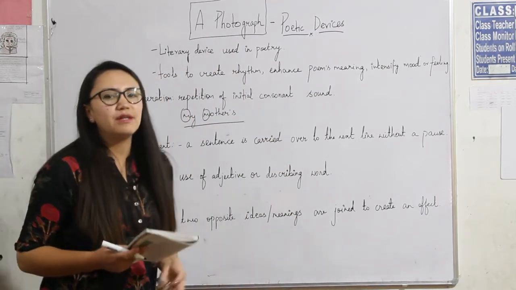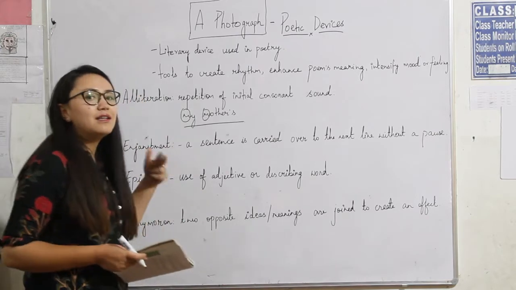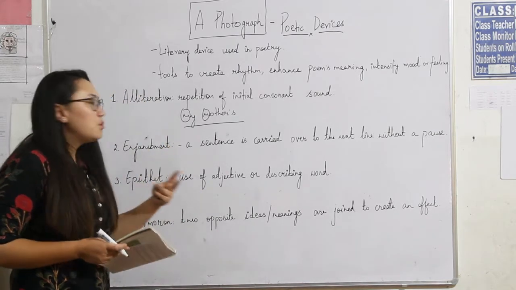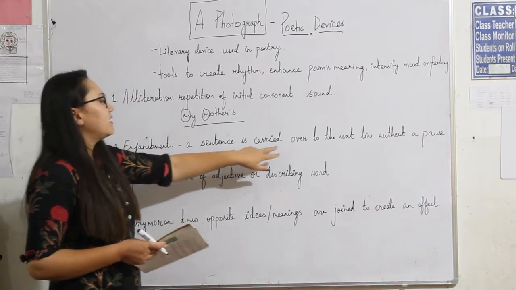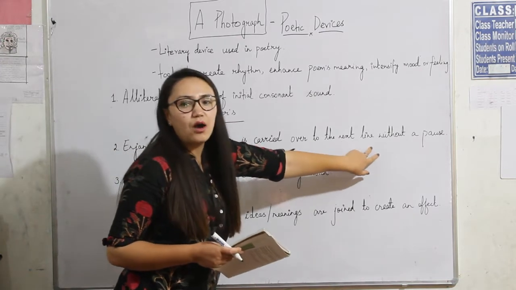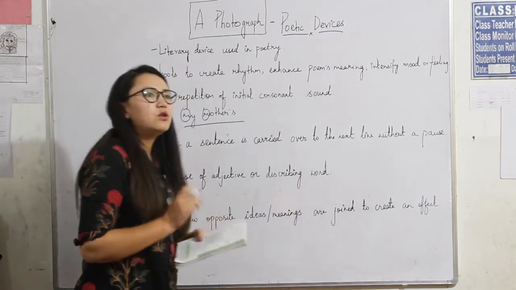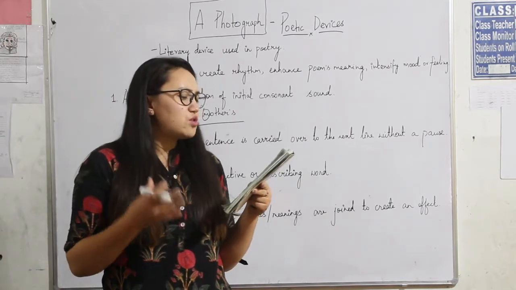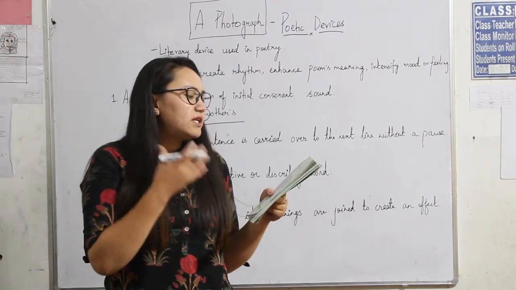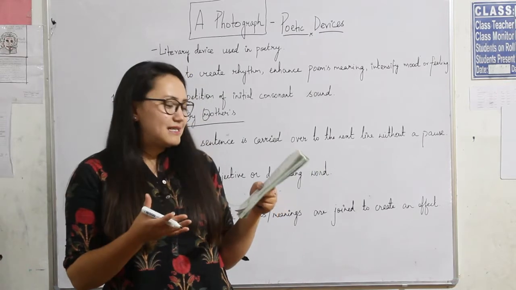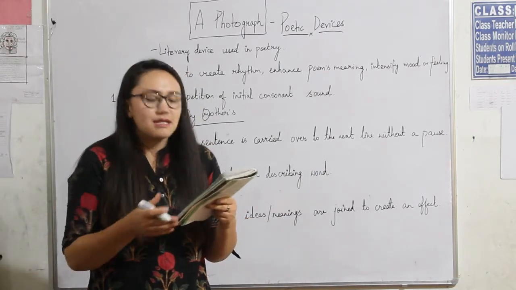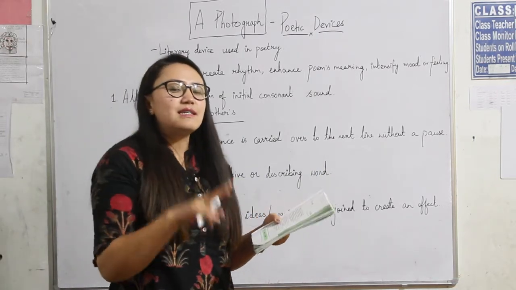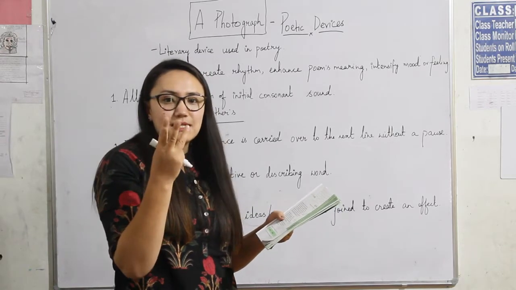What is enjambment? Enjambment is a literary device in which a sentence is carried over to the next line without a pause. If you look into your book, you will see: the cardboard shows me how it was when the two girl cousins went paddling. Now in this, the meaning of the sentence is completing in two lines, right?